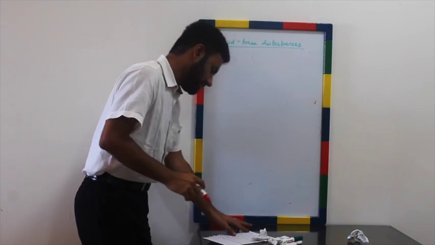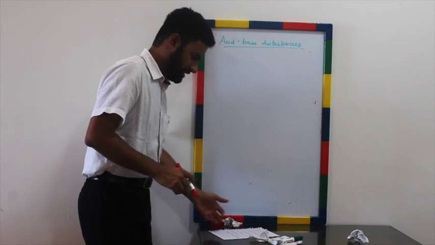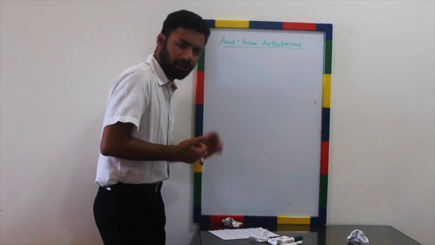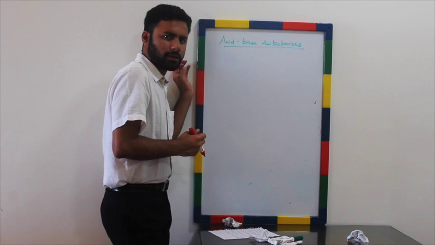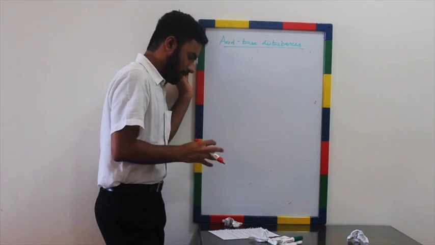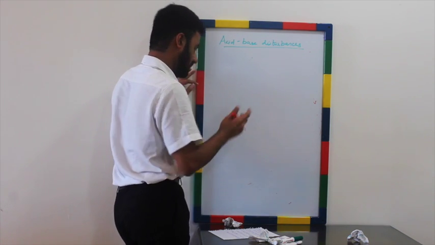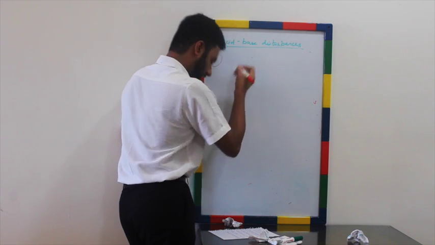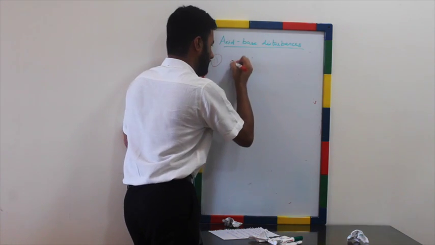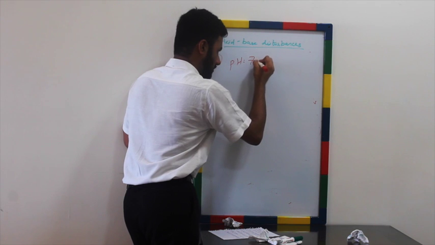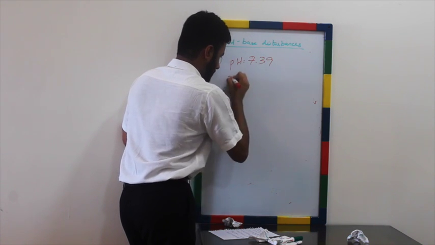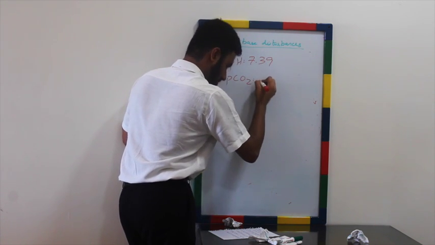Now we'll do 6 examples very quickly of how to approach acid-base disorders. First one, there are some values here. The pH is 7.39. The PCO2 is 24.